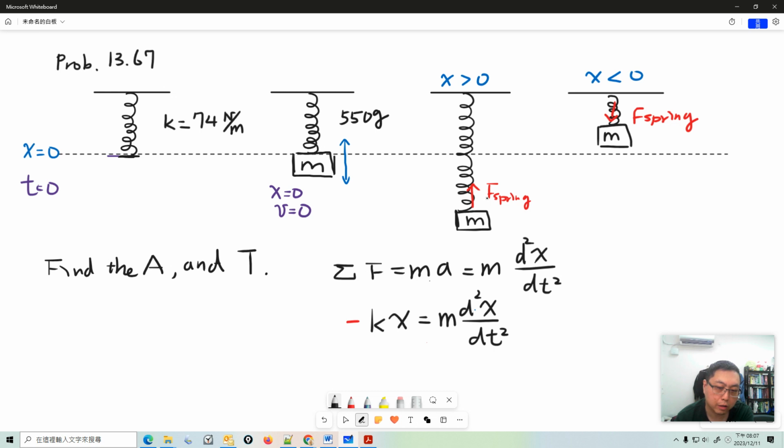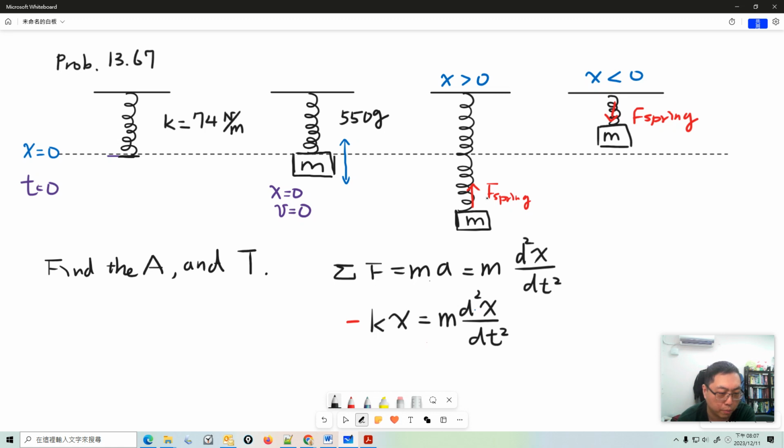But this is not the complete equation of motion for this problem, because in the lecture we assumed the mass-spring system moves horizontally, and right now it's moving in the vertical direction.